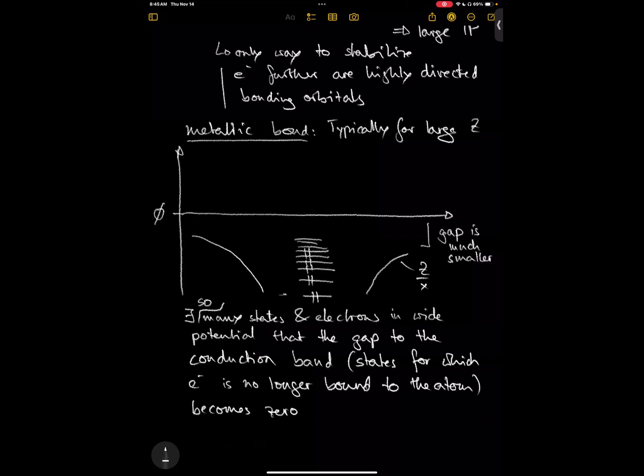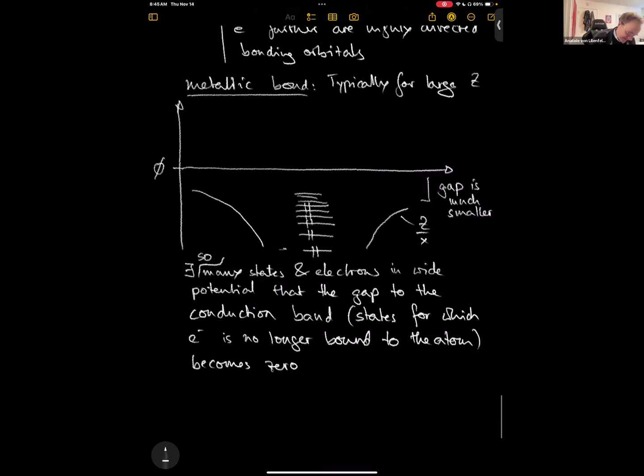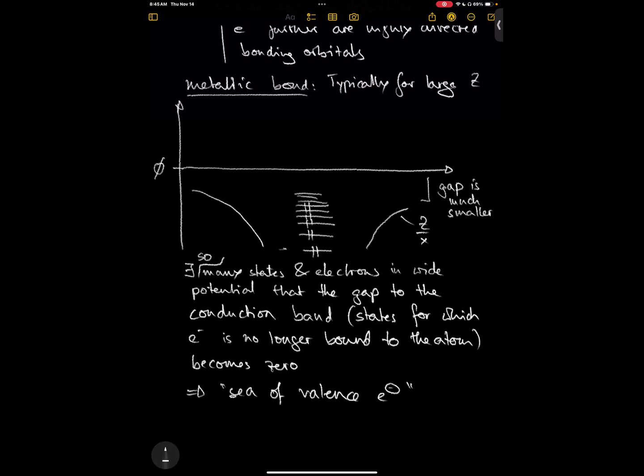So this picture changes, right? Then, for metals, we have a sea of valence electrons that are spread around the atoms, right? And the atoms are like a perturbation to a sea.